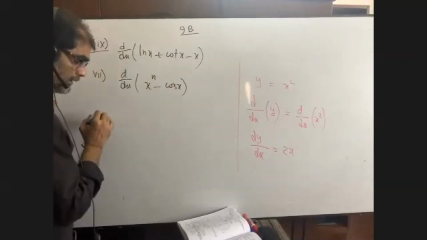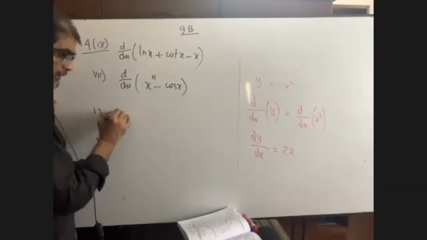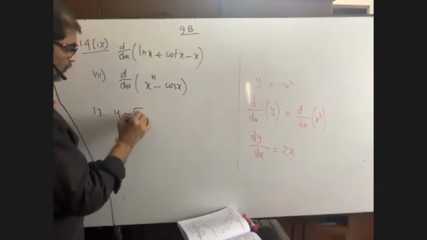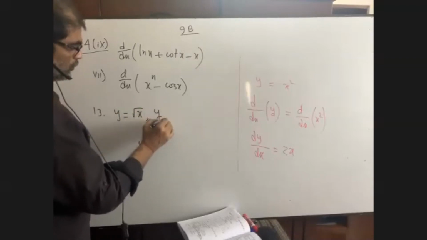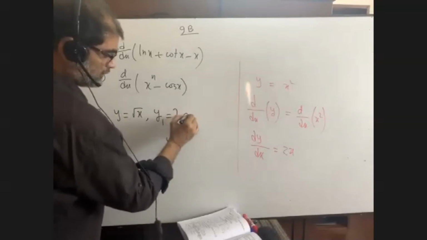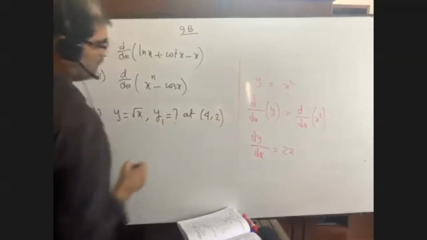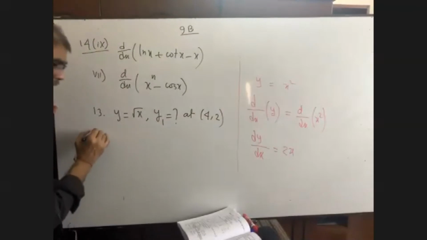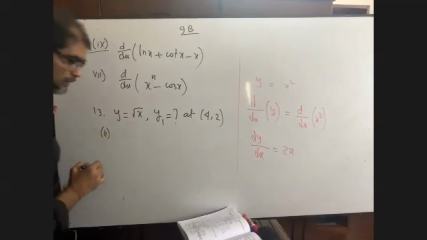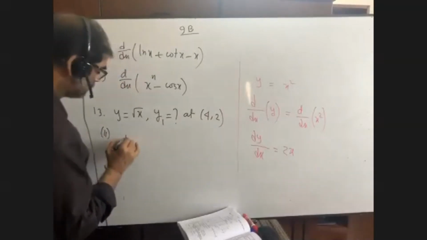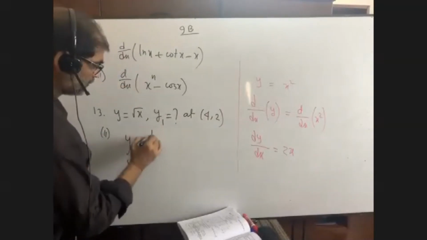Here, number 13, y equals root x. y1 equals what, at 4? Number 13.2, y equals x to the power 1 by 3.